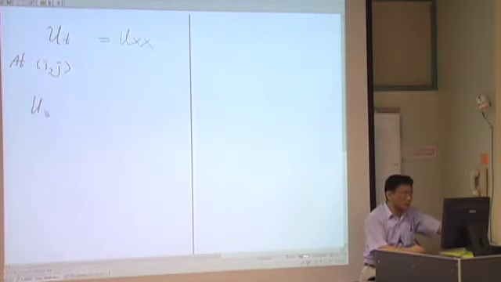U i j plus 1 minus uij over delta t equals, you can even add some numbers such as c squared here, right? Doesn't matter. This is the ut part, and then the ux part can be written this way.